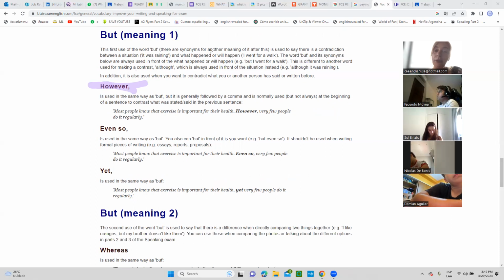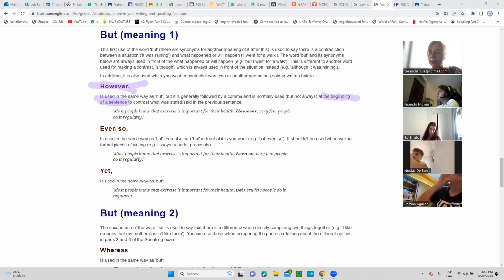It is generally followed by a comma, and it is usually used at the beginning of a sentence to contrast what was said in the previous sentence. So, however, comma, begins the new sentence contradicting what was mentioned in the sentence before.